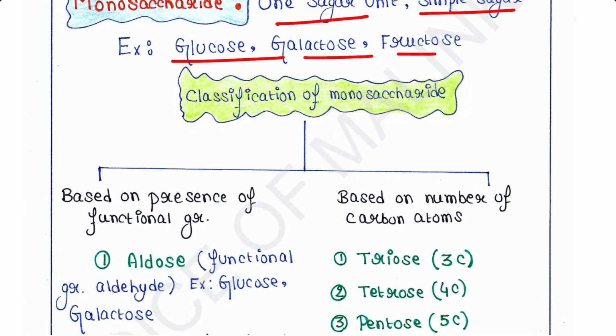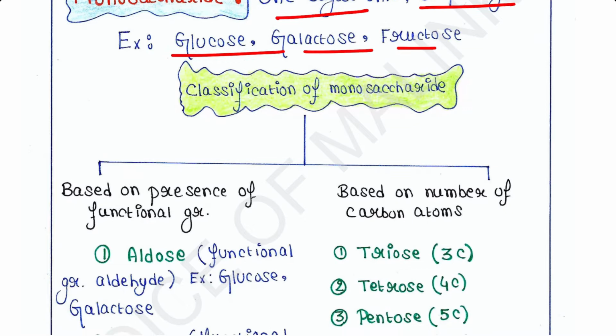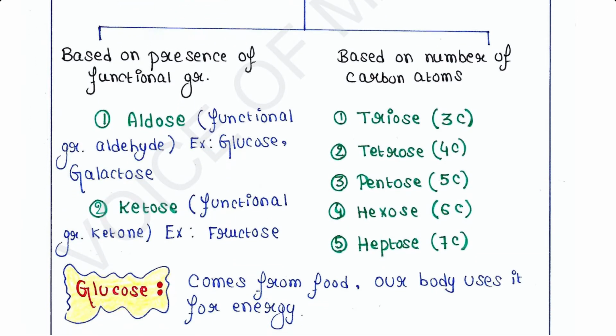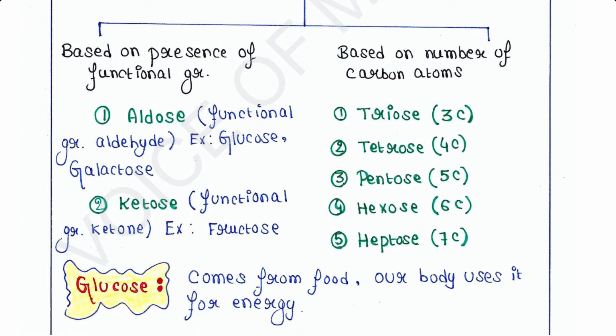Now, based on the presence of functional groups, monosaccharides are further divided into 2 groups: aldose and ketose. When the functional group is aldehyde, they are known as aldose.